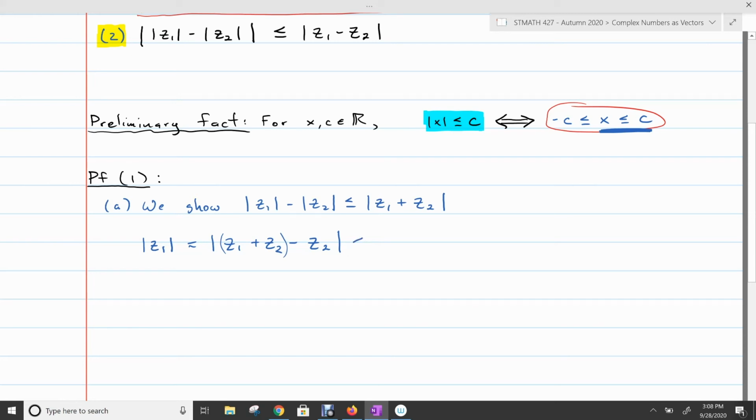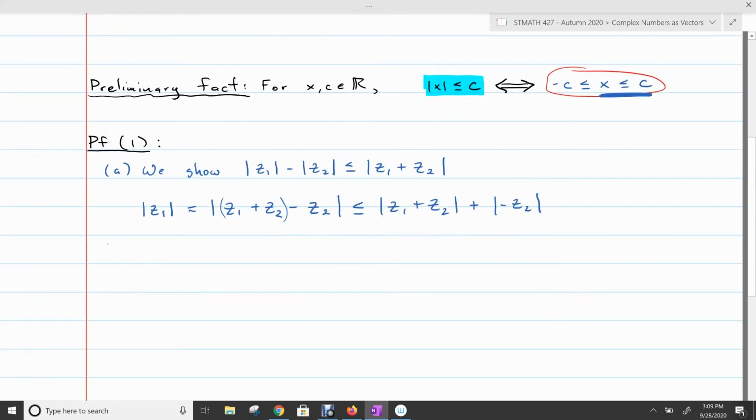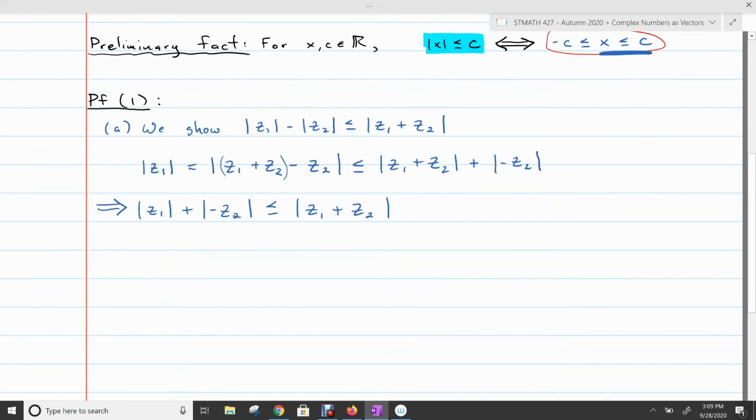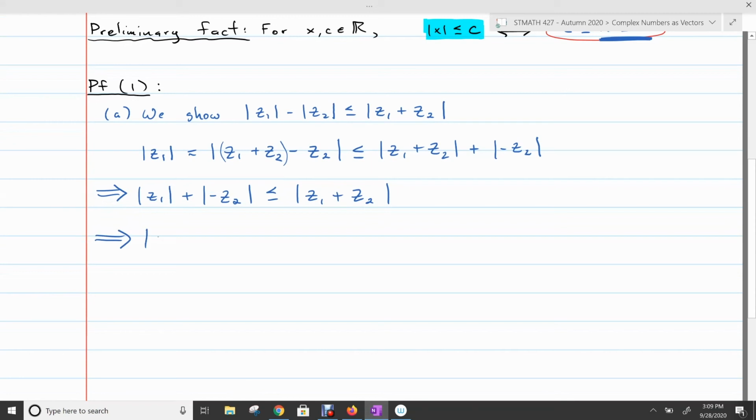So I can apply the triangle inequality that we talked about earlier and say this is less than or equal to modulus of z1 plus z2, plus modulus of negative z2. Then I'm just going to add that modulus of negative z2 to both sides to get this. And then lastly, when you've got just a negative inside the modulus like that, you can get rid of it. You can verify that for yourself. It's pretty easy to check out.